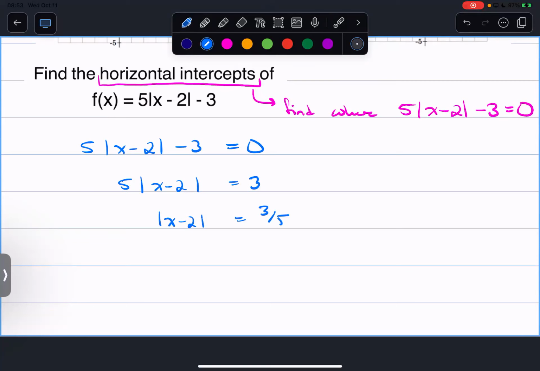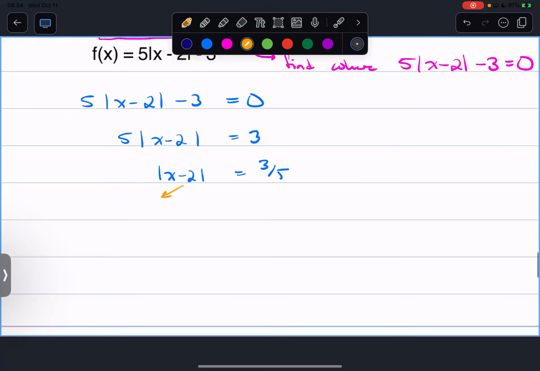Now we're ready. Now I've got this absolute value on its own. And so now I can have x minus 2 equal to 3 over 5, or the inside can be negative, right? x minus 2 is equal to negative 3 over 5.